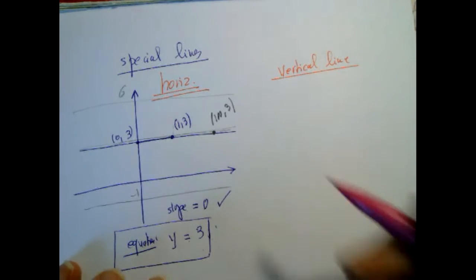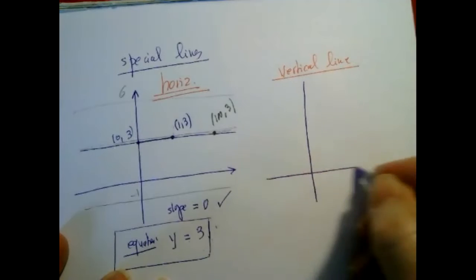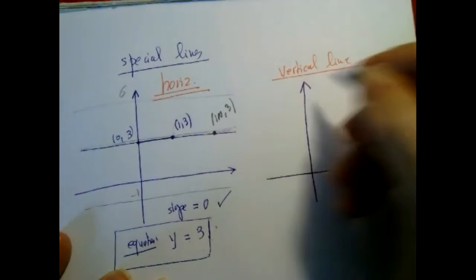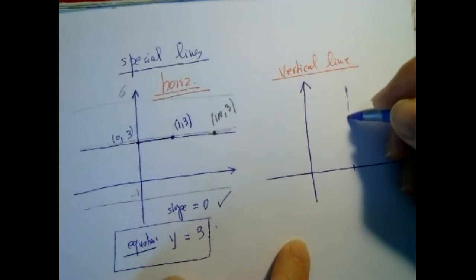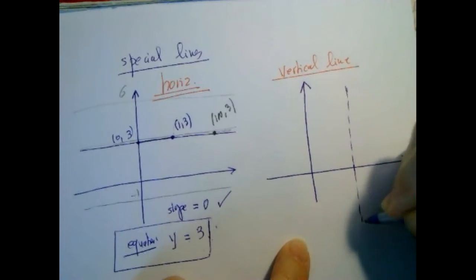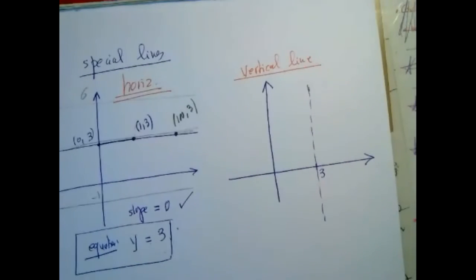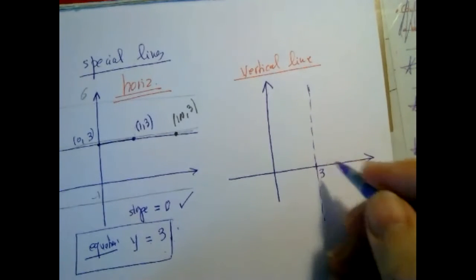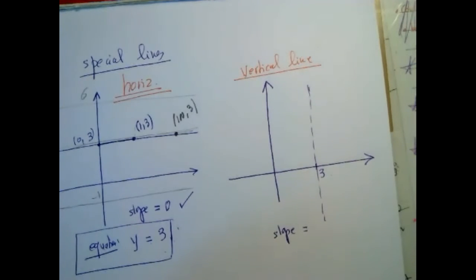Suppose again, I have the following line. But it's vertical, so I'm going to put 3 here, and this is my line. Again, my question here: what's the slope of this line? To find the slope, I need 2 points.